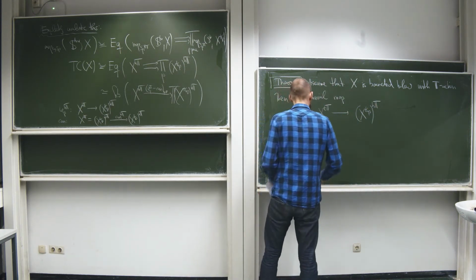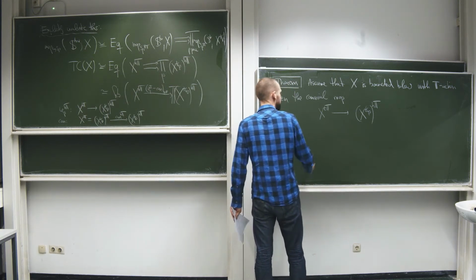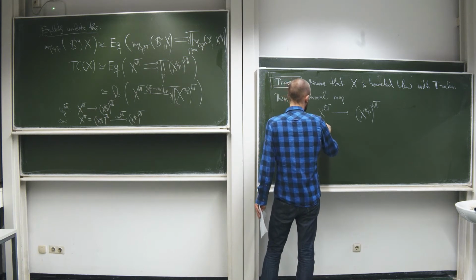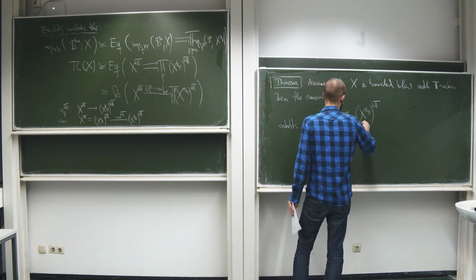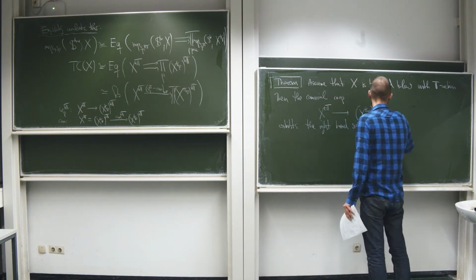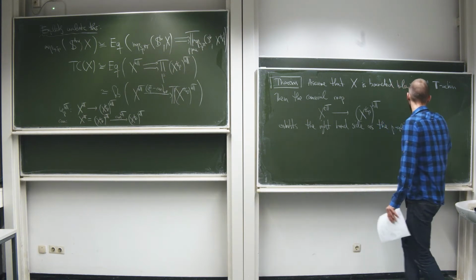And the claim is that this map, which exists without any assumption, exhibits the right-hand side as the p-completion of the left-hand side.